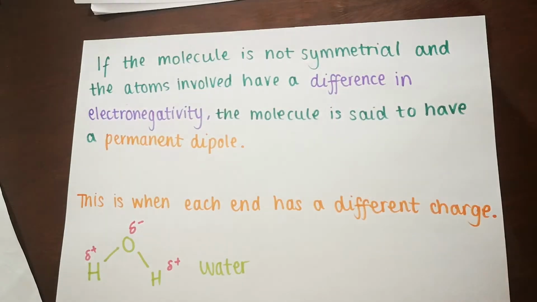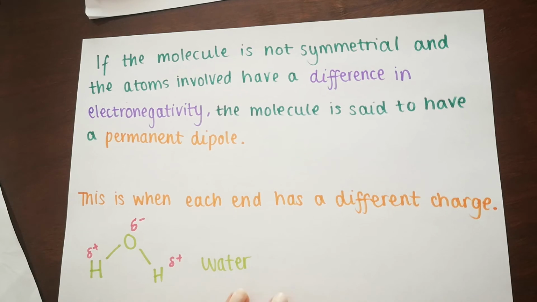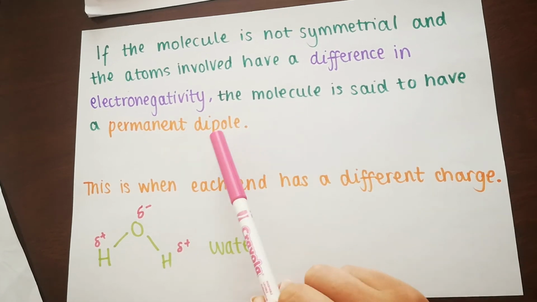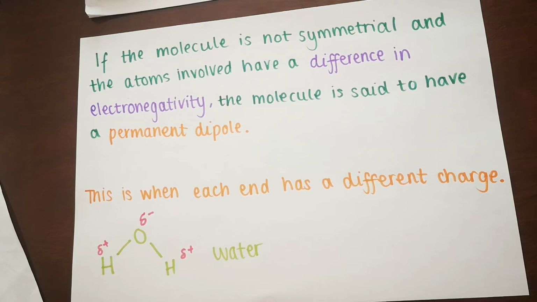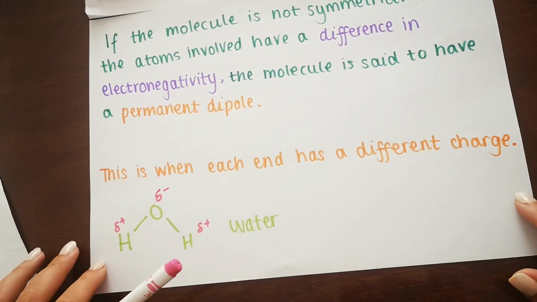When the atoms have a difference in electronegativity and they're not symmetrical, they're not getting pulled equal ways, and the molecule is said to have a permanent dipole. A dipole is when each end has a different charge.